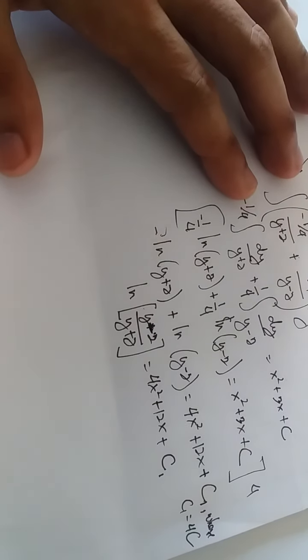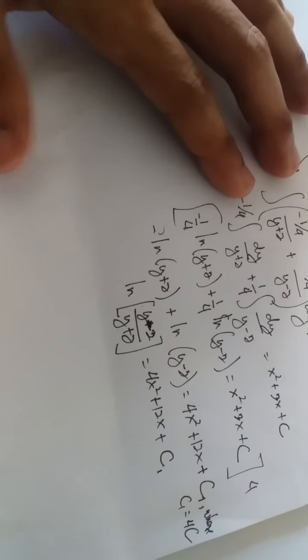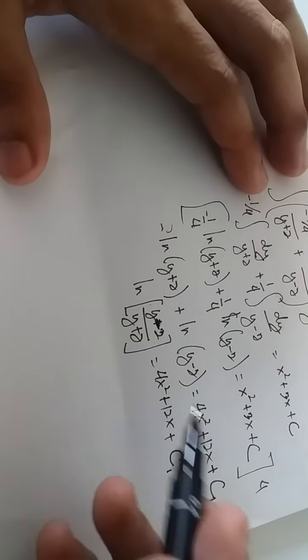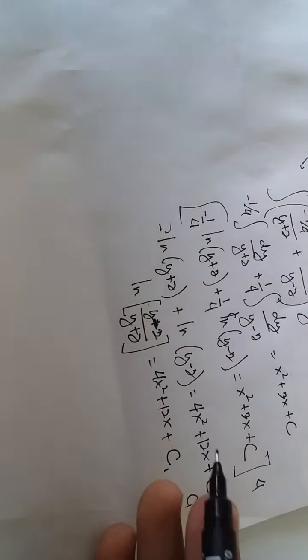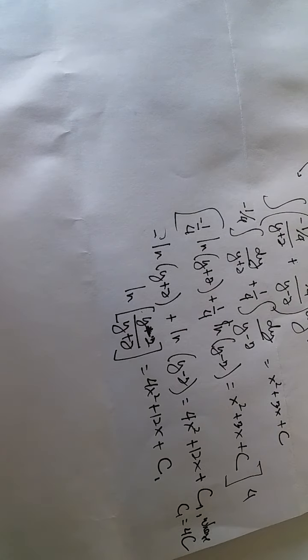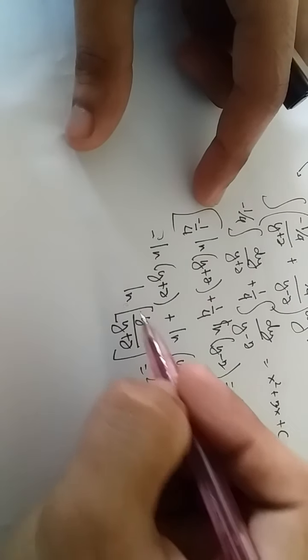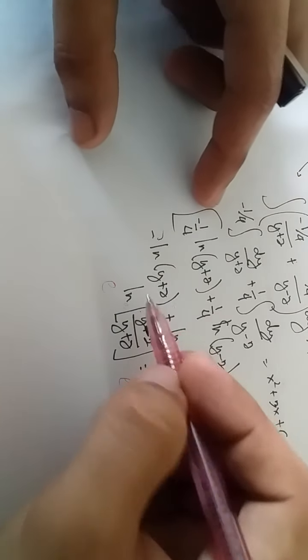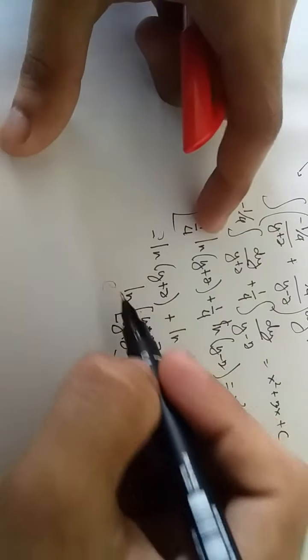Okay, so next we will dissolve our ln by raising both sides to the power of e, because we have the base e here, and if you raise both sides by e, this ln would be cancelled.